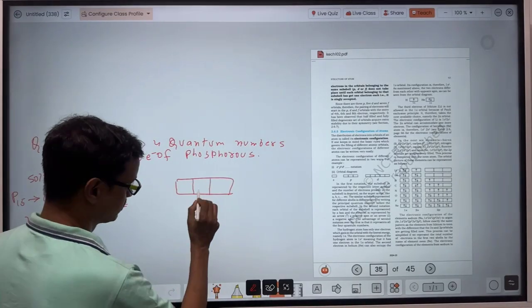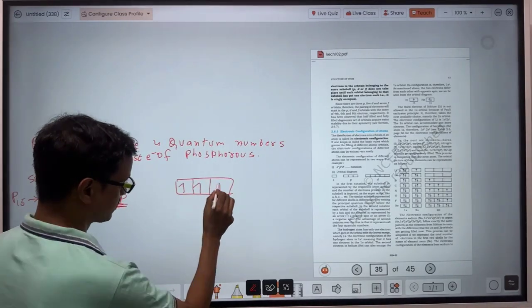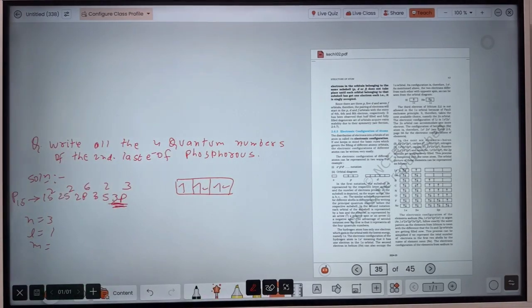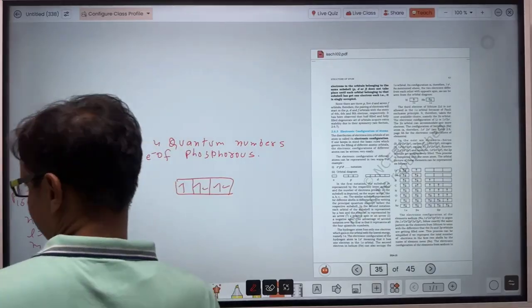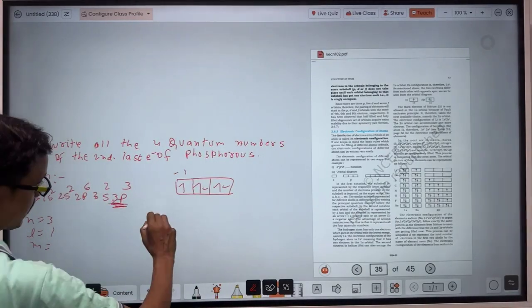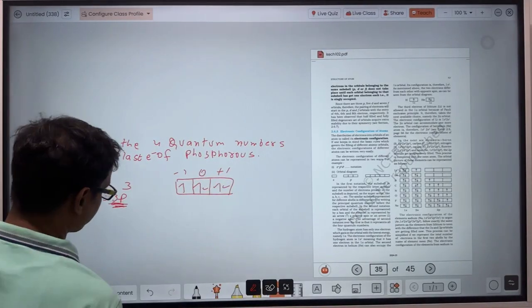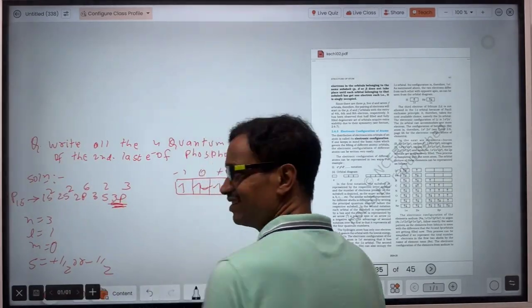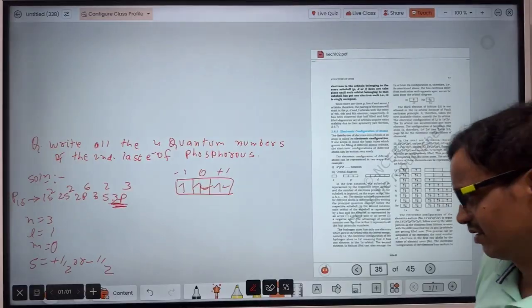These three orbitals are degenerate orbitals, with one electron here, this one and this one. This is the last electron and this one is the second last electron. It is -1, 0, and +1, so it is 0. So m will be equal to 0. s will be plus half or minus half. Clear? This one is okay.